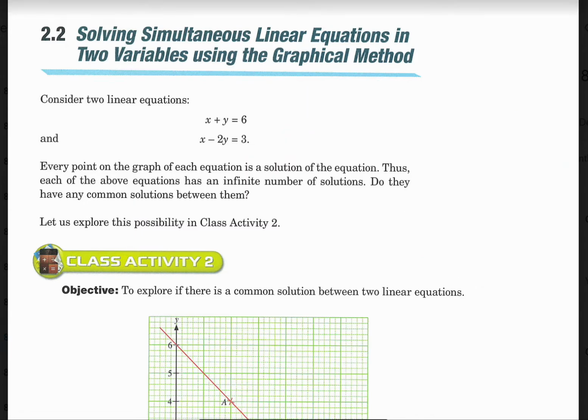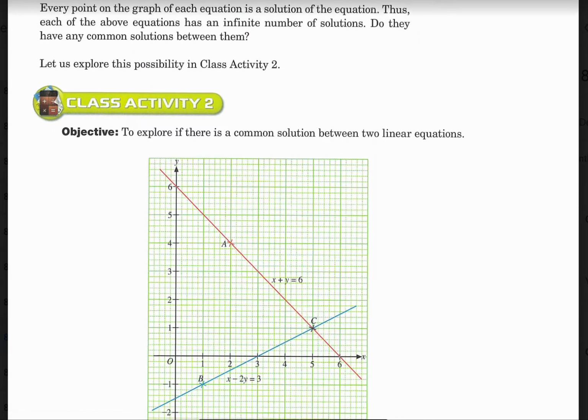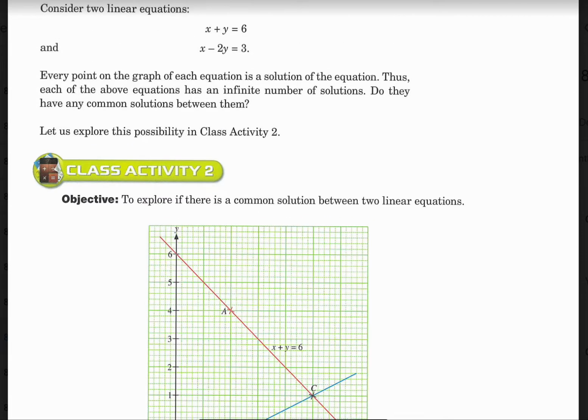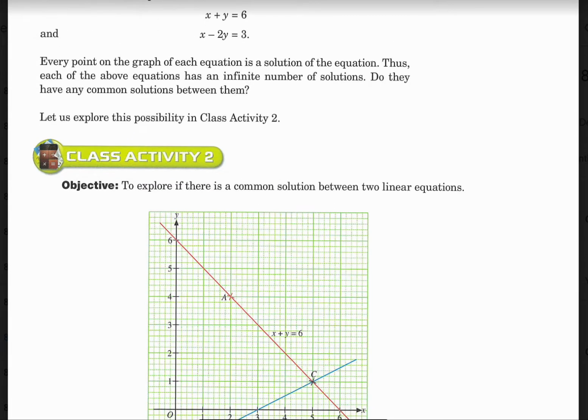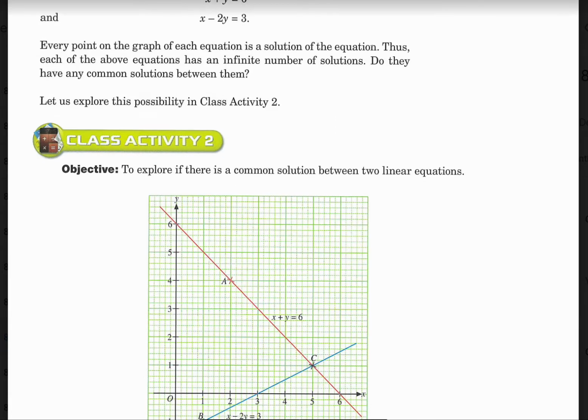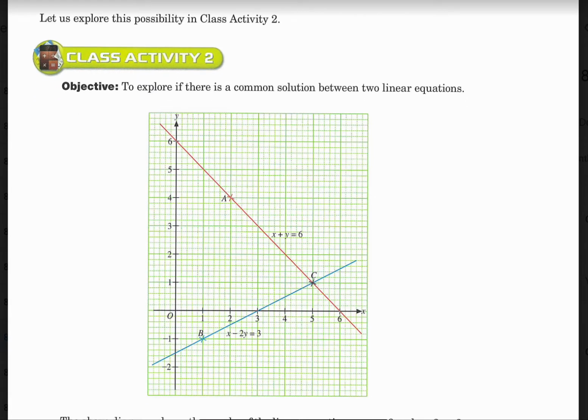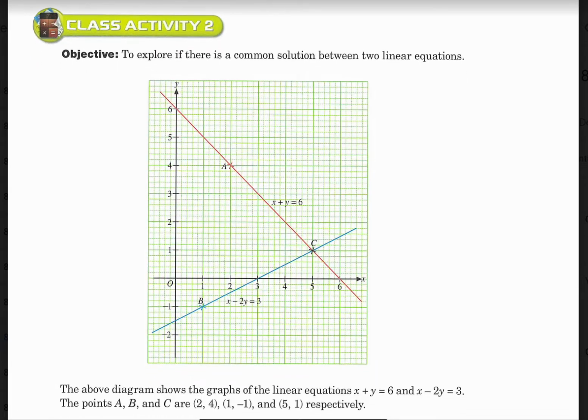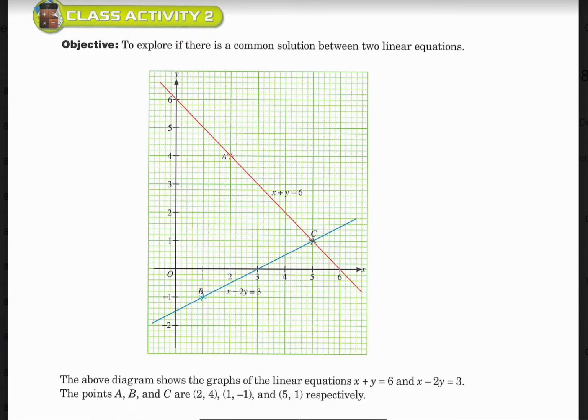All right. Let's take a look at this one as an example. So the system was x plus y equals 6 and x minus 2y equals 3. So we have both of the equations already plotted out for you.